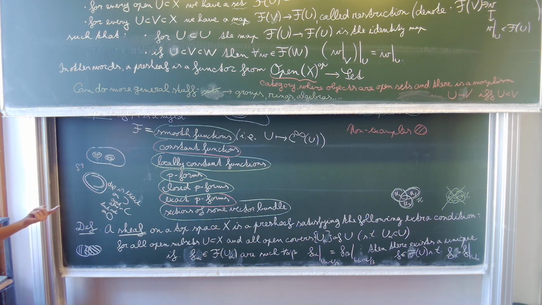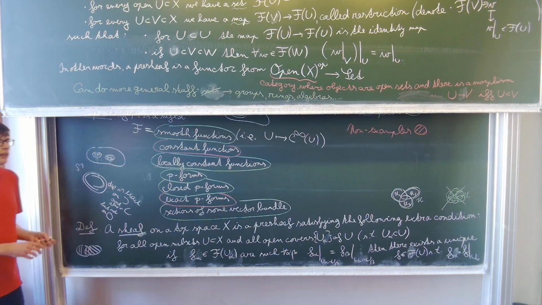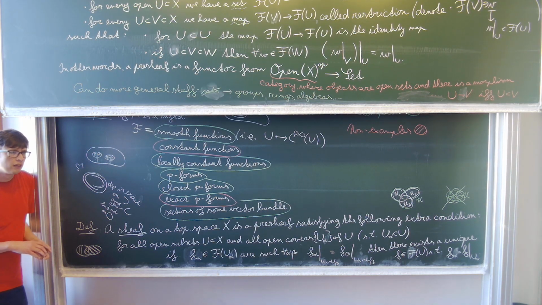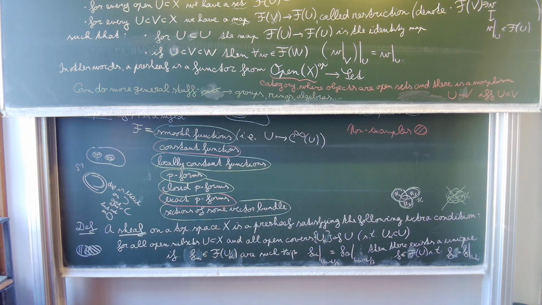You should think about stuff that's not defined point by point, but could be like... okay, I would have to think. It's a good question. Let's leave that as an exercise.